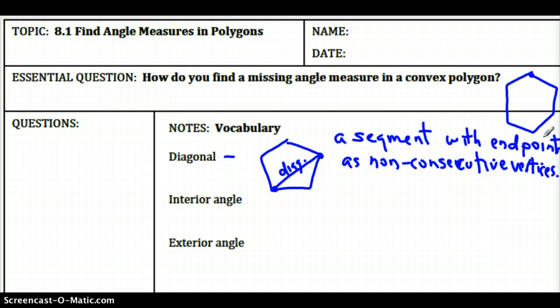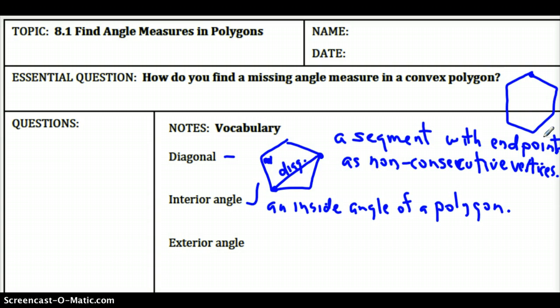Okay, interior angle. The interior angle is an angle on the inside of a polygon. So an inside angle of a polygon. Alrighty. And then an exterior angle. These look a little different.